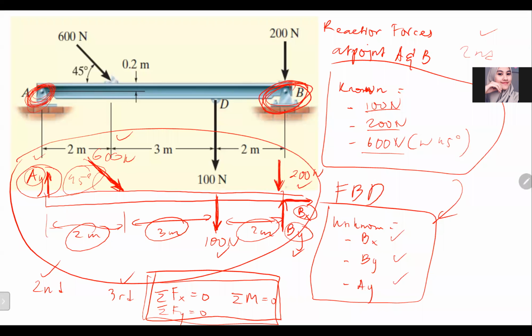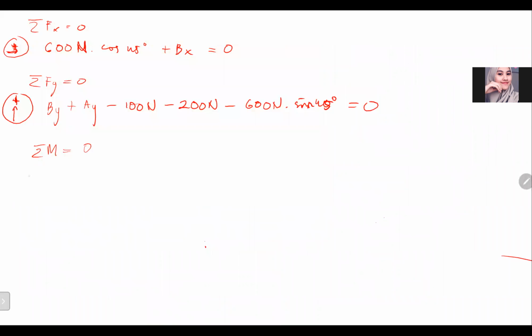At B, we have two unknowns, right? So this one, sigma moment at B equal to 0. This is our third equation.